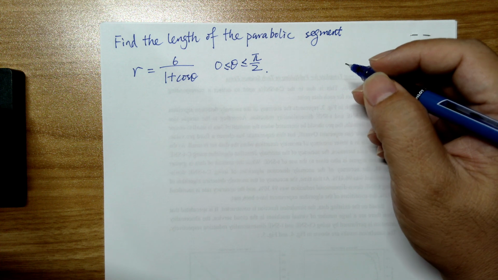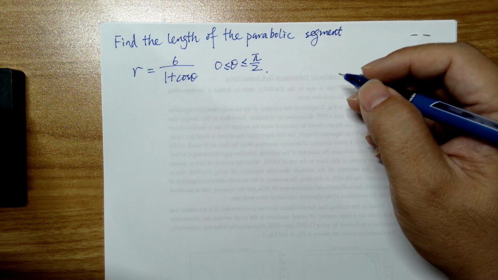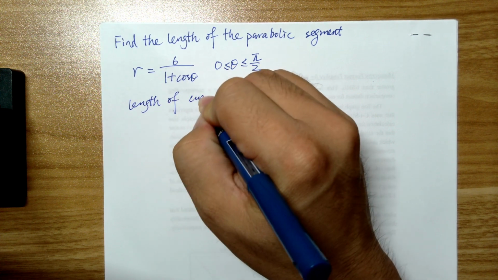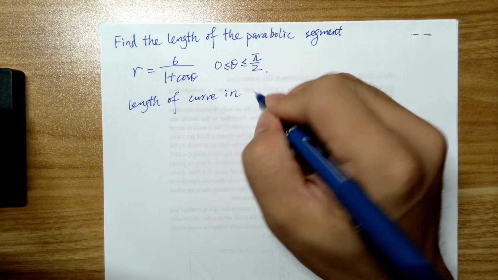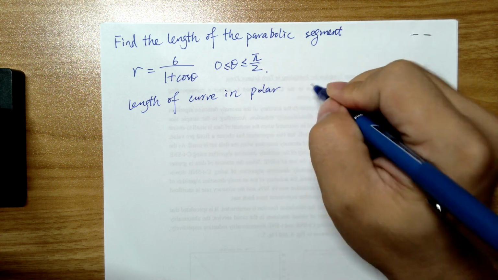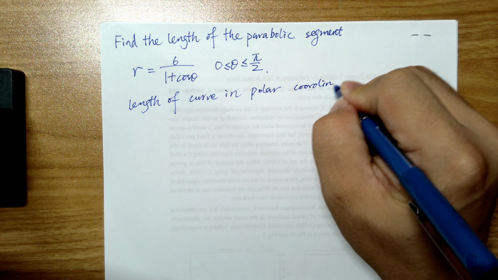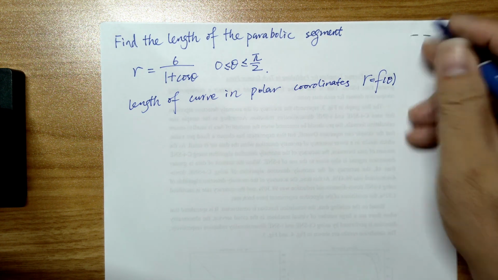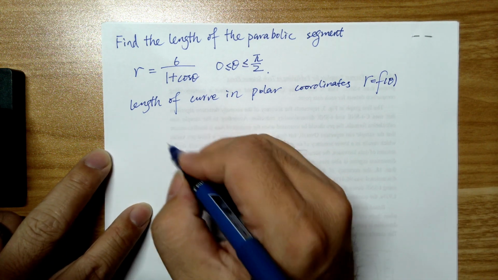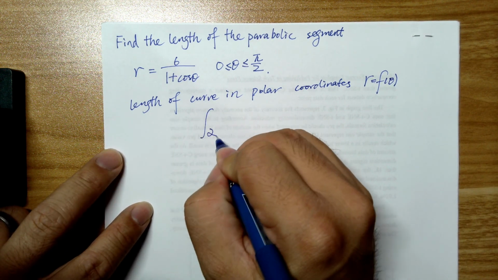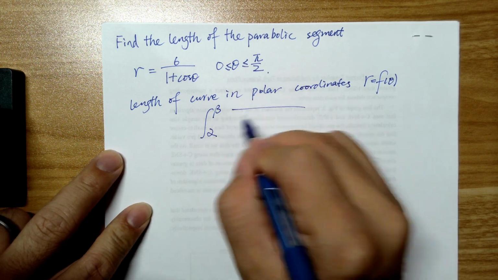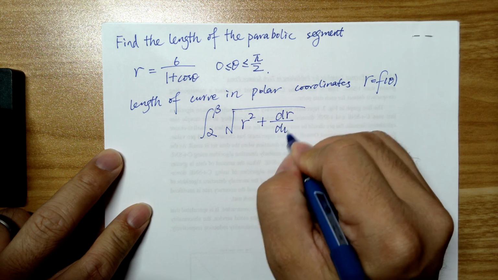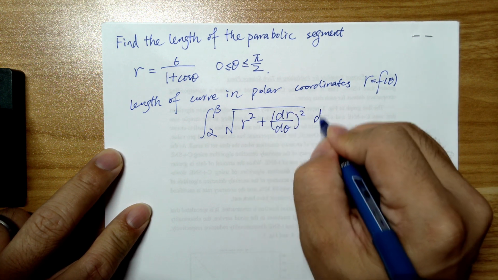So the length of the curve in polar coordinates r equals f of theta is the integral from alpha to beta of the square root of r squared plus (dr d theta) squared, and then d theta.